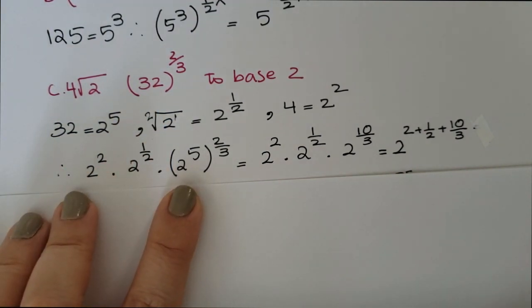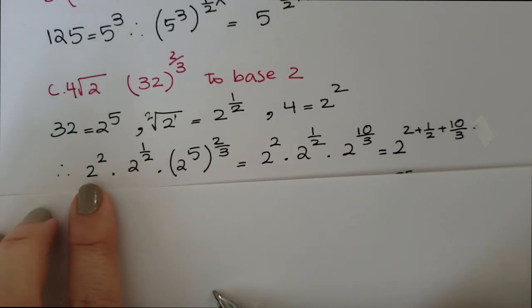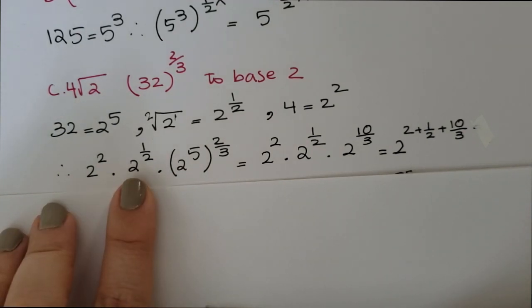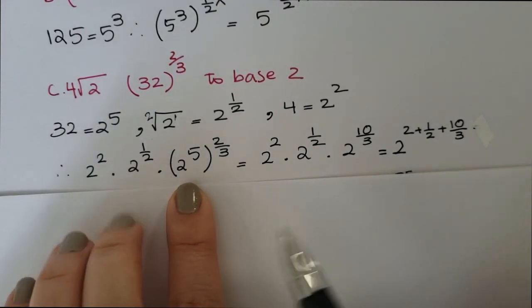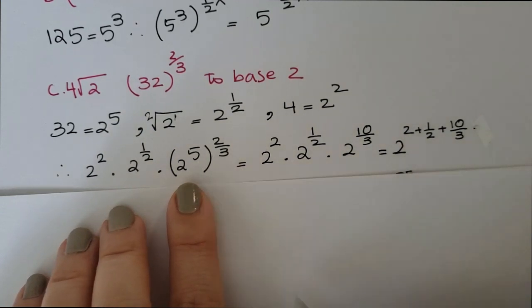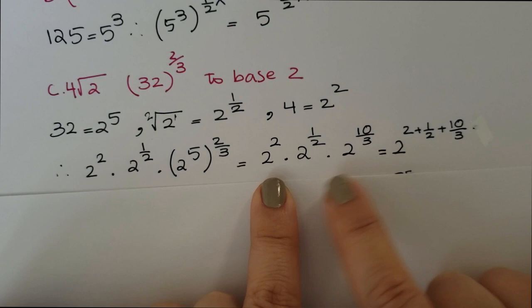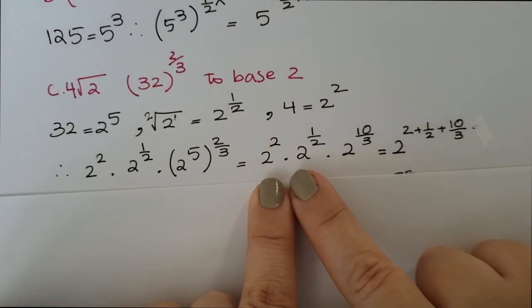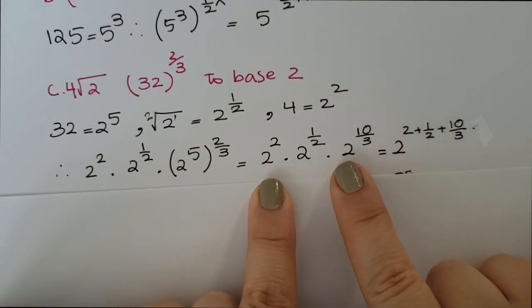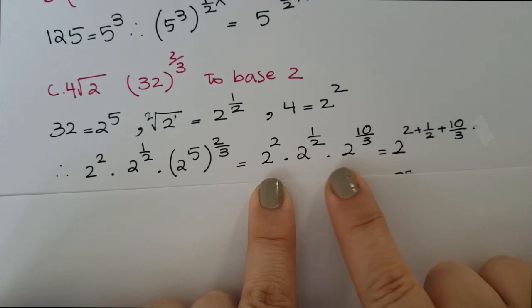Okay, so let's simplify it one step. This thing wouldn't change. This thing wouldn't change. But in this part, the two exponents would be multiplied to one another, and it turns into 2 to the power 10 over 3. Okay, so from here, as you can see, there are 3 different bases, but they are the same.